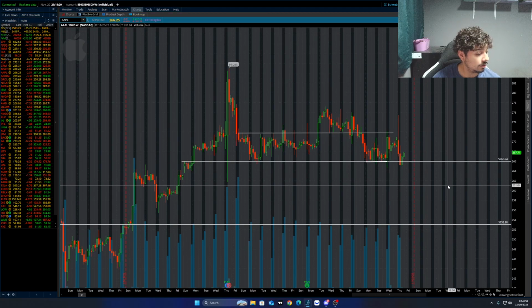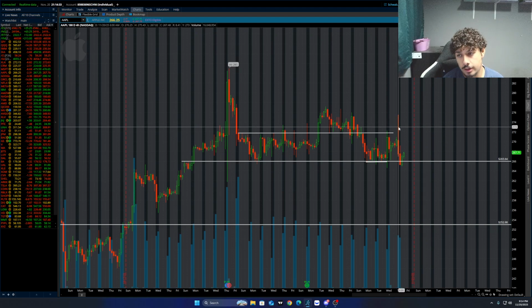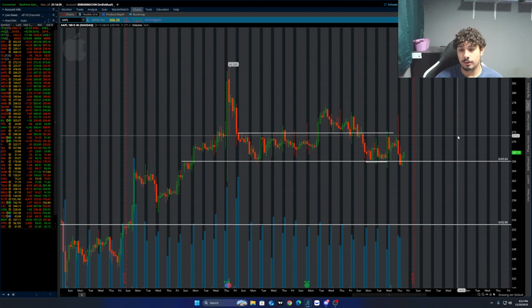There's a higher chance of it going down. And look at this huge rejection bar right there today. That tells me this wants to go down. Is it going to happen? Probably not. Maybe. Most likely.